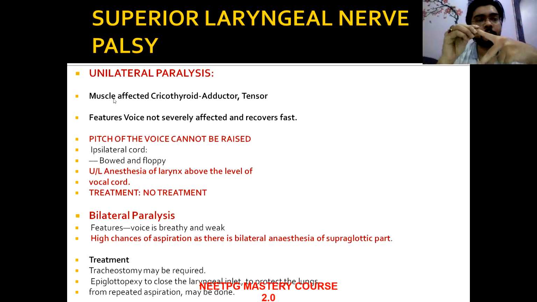For both the superior and recurrent laryngeal nerve, the palsy can be unilateral or bilateral. And we will discuss in both the scenarios what management we do, what symptoms we get. But before that, I would revisit the question and tell you how we are going to answer it in an easy way.